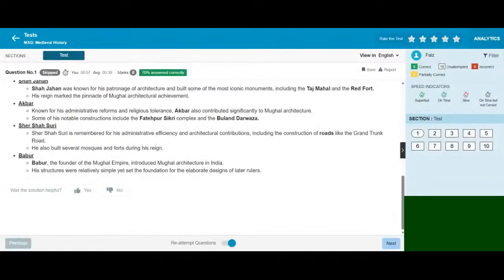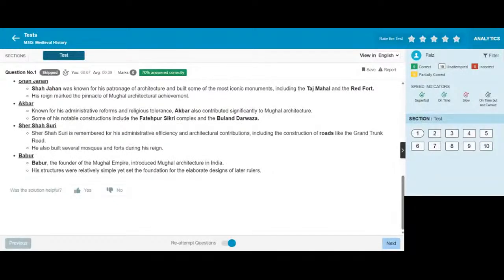Babur, the founder of the Mughal Empire, introduced Mughal architecture in India. His structures were relatively simple, yet set the foundation for elaborate designs later.